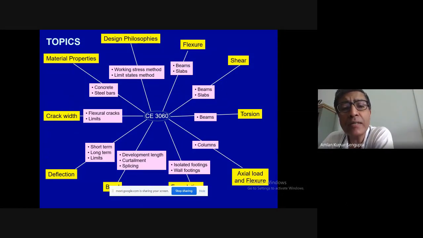Then the reinforcing bars can start rusting. That will cause a discoloration of the concrete. And hence, to avoid such problems, we need to make sure that even if the concrete cracks, the width of the cracks should be limited so that from the aesthetic point of view, it is not a concern, and from the durability point of view, it is also not a concern.